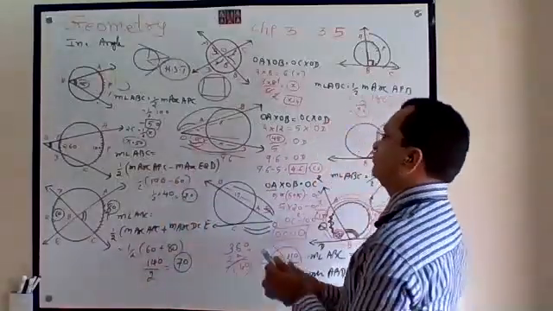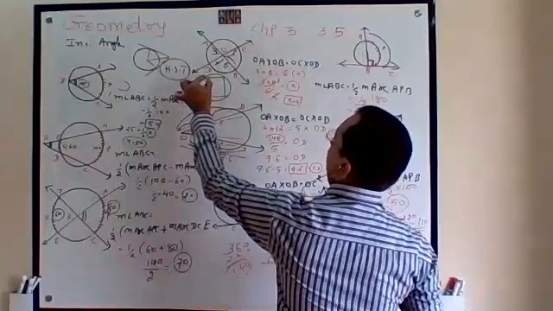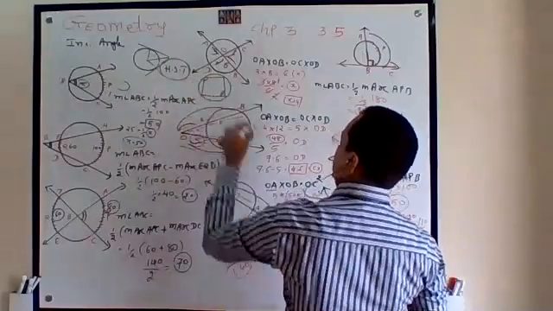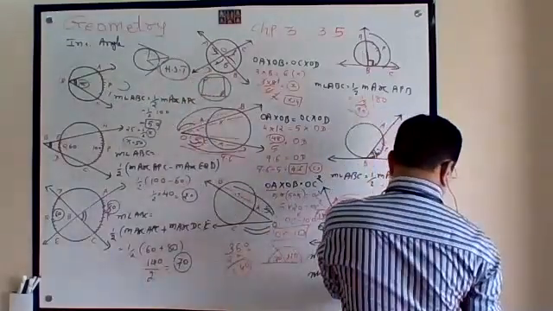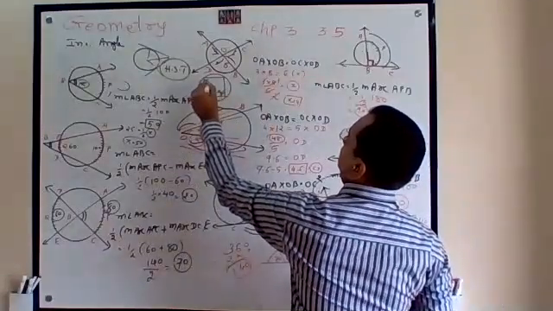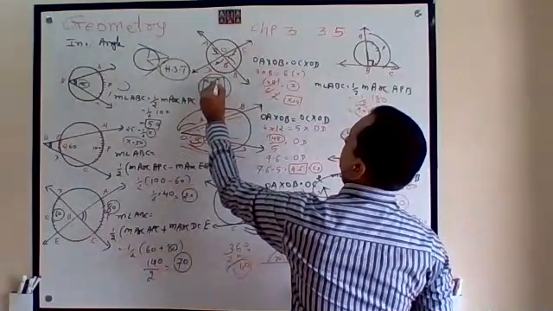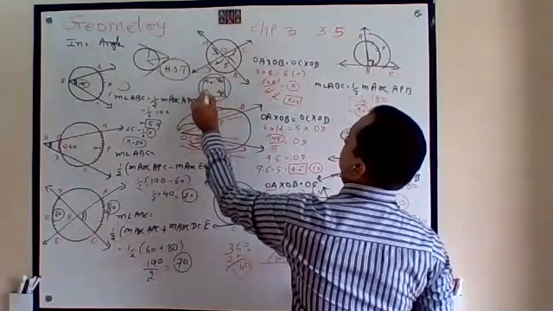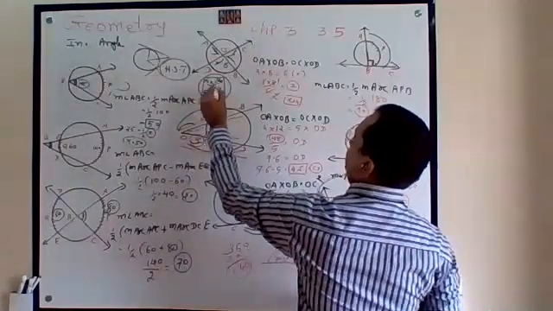For the cyclic quadrilateral, there is one property: opposite angles total 180 always. If it is 70, this is 110. If it is 120, then it is 60. So total 180, total 180.